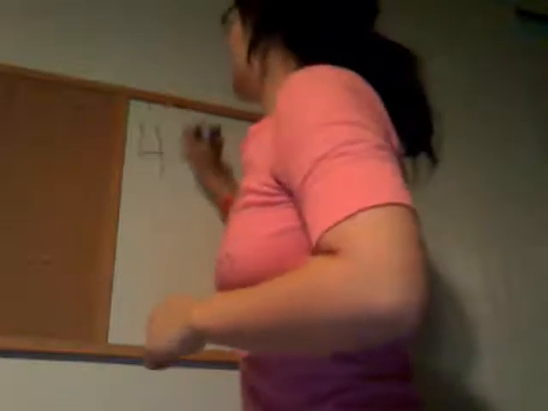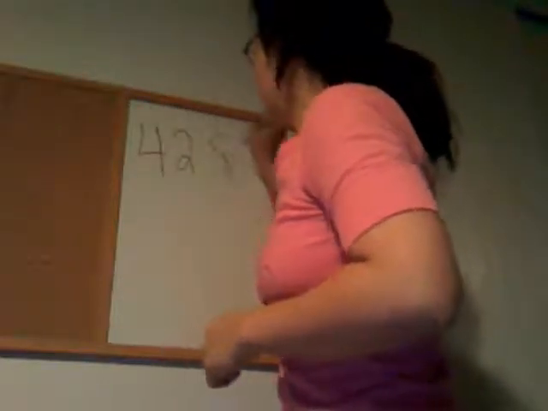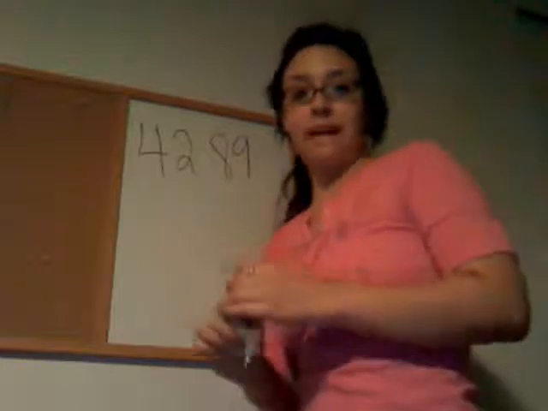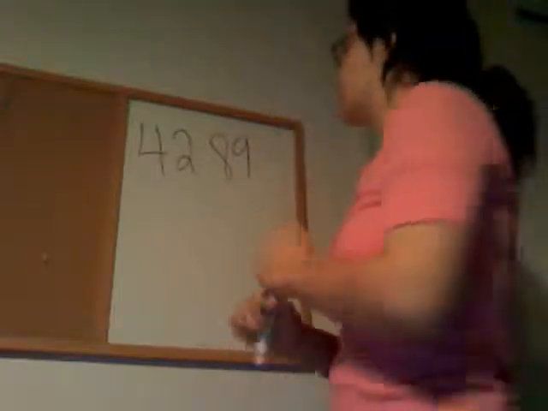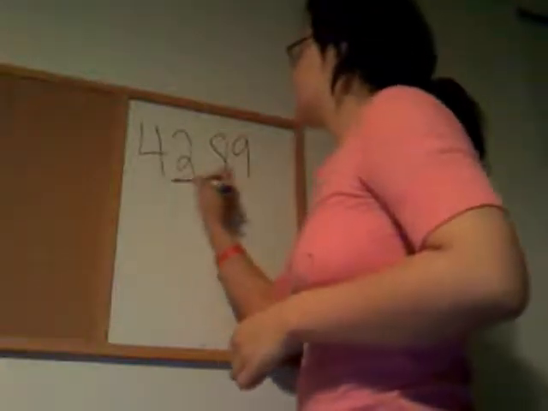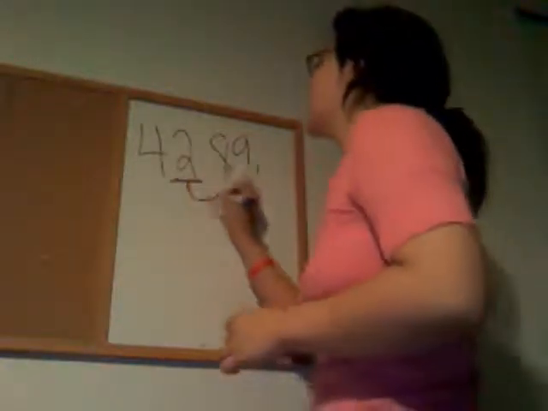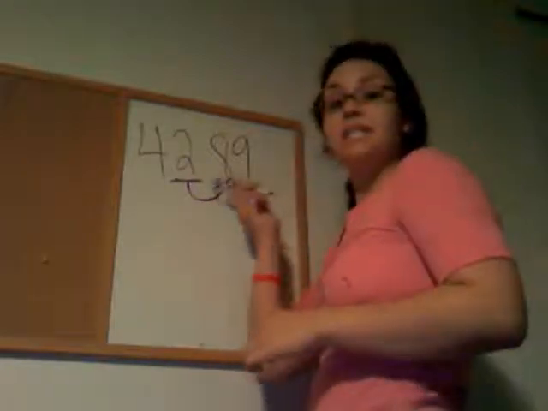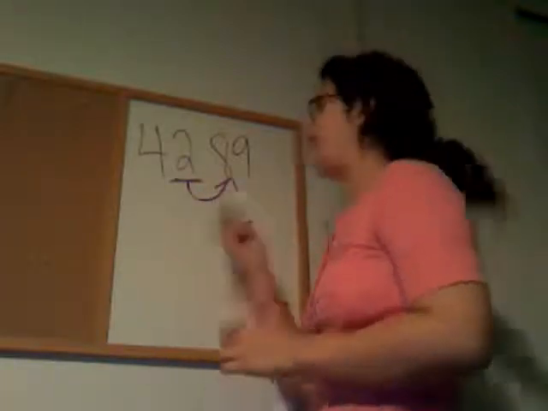It'd be a great idea to write these down so you know what I'm talking about, what I'm looking for. And okay, let's do another one that's rounding to the nearest whole number. Okay, so if we were to do 42.89, and again, we're still rounding to the nearest whole number. So we look at this 2 here, and we look to the digit to the right of it, which is 8.